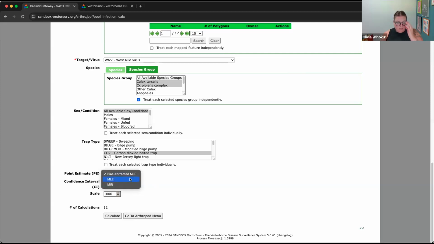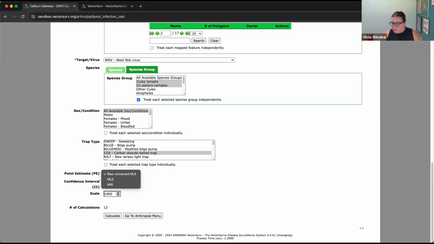The maximum likelihood estimate uses statistics to allow for that number to not just be 1. And it takes in information such that as the season progresses, there is possibility of more than 1 mosquito being infected per pool. It also gives us confidence intervals. So it gives us the minimum and maximum number of mosquitoes with 95% confidence in that pool that tested positive.